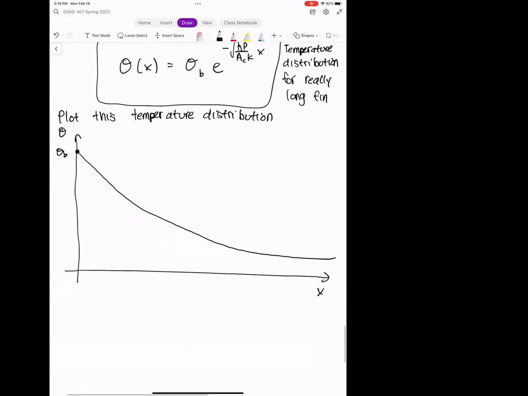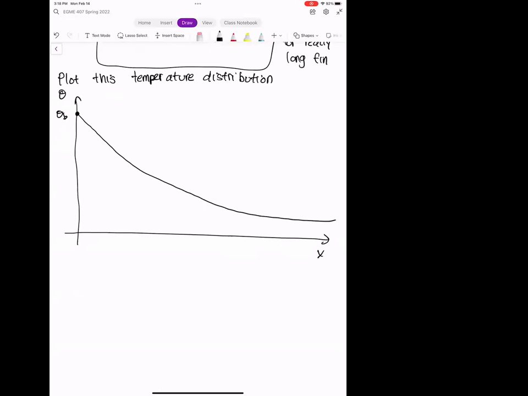So let's make some observations on this graph. It looks just like a very simple, exponentially decaying graph, but there's some important physical things to note.